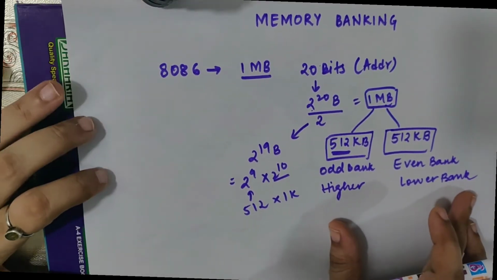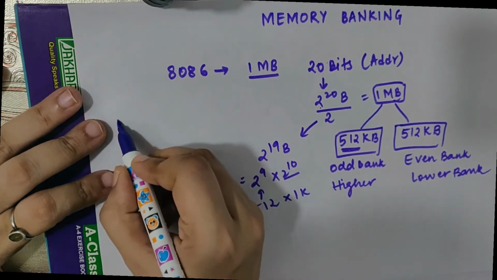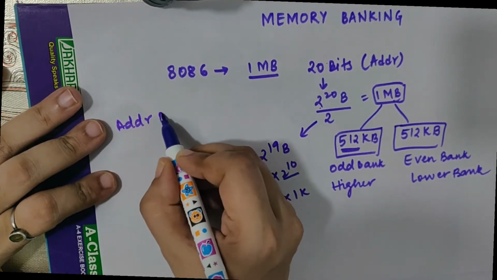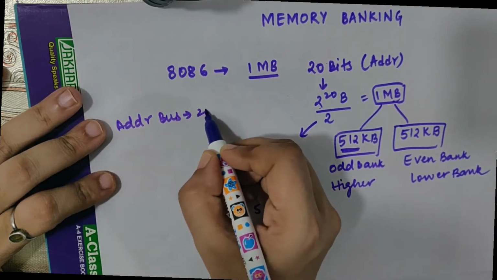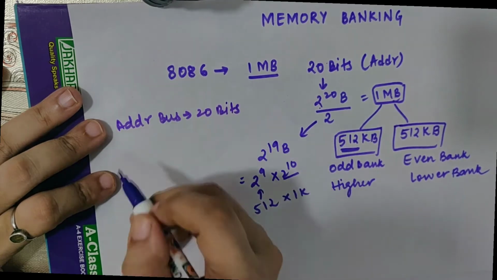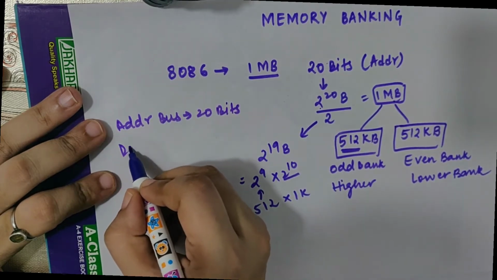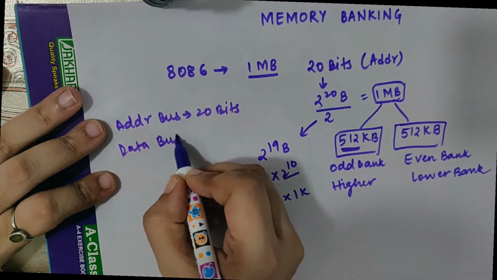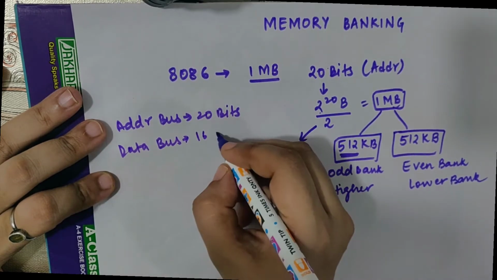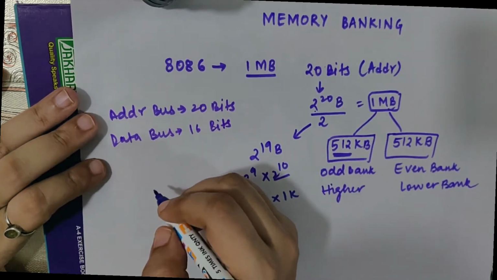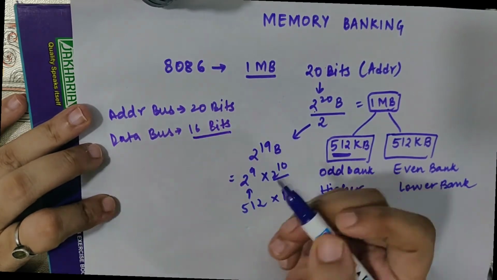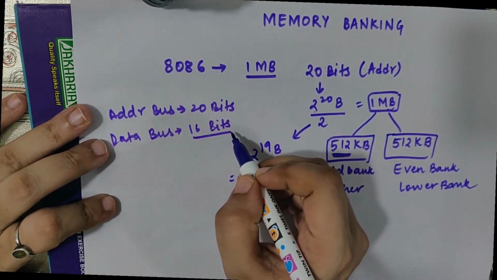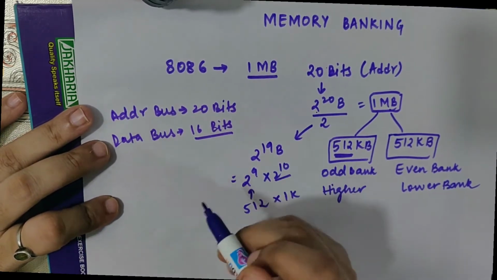The problem is that the address bus of 8086 is 20 bits and the data bus is 16 bits. A 16-bit data bus means it can carry 16-bit data at a time.